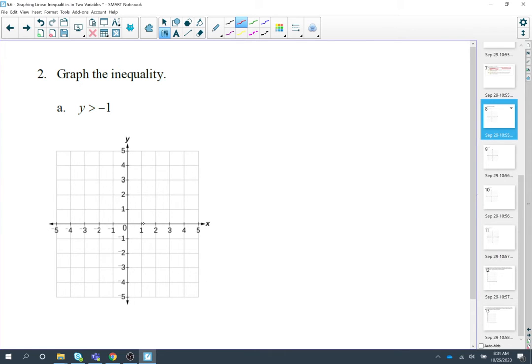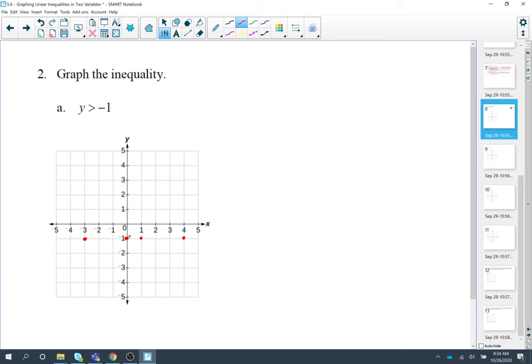So if x is 1, y is -1. If x is 4, y is -1. If x is -3, y is -1.